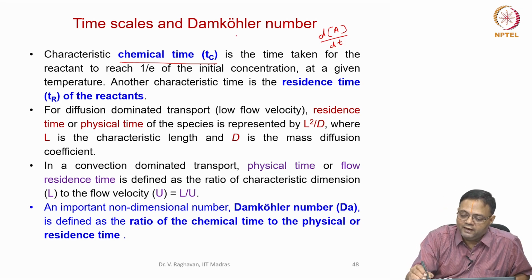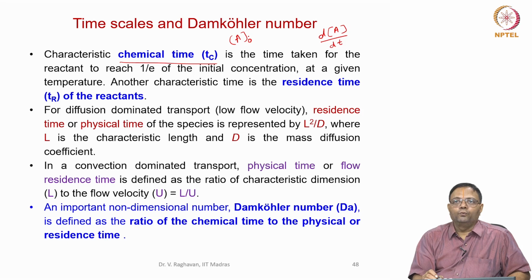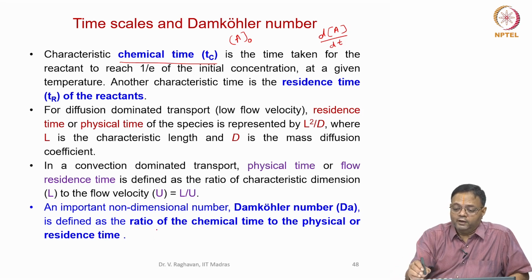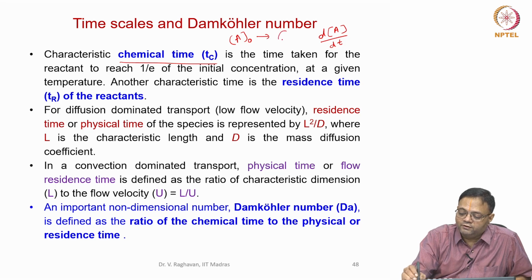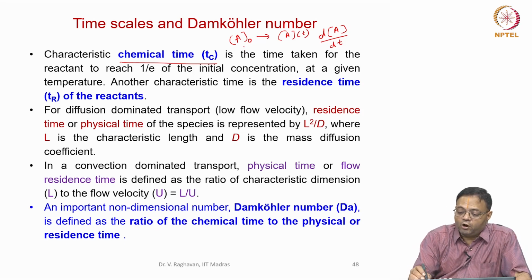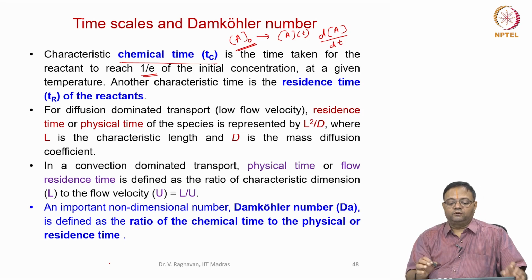So, initially A has a concentration of A suffix 0 and this depletes. As it depletes, the concentration decreases to a value of A at a certain time t. Now, what is the time it takes for the A to reduce to 1 by E of the initial concentration, that time is called chemical time.